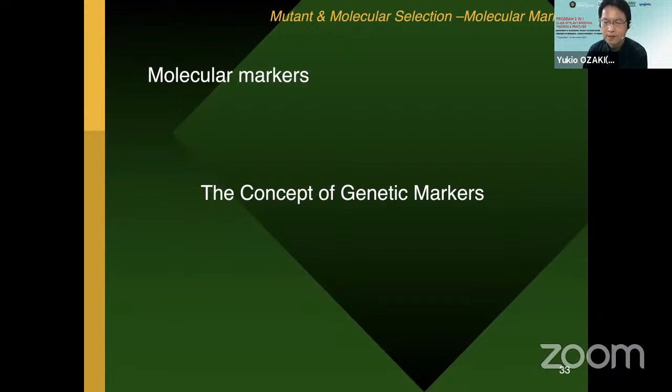Morphological markers are manifested as adult phenotypes, the products of the interaction of genes and the environment. On the other hand, molecular markers are detected at the subcellular level and can be assayed before the adult stage in the life cycle of the organism. Molecular markers are assayed by chemical procedures of necessity.